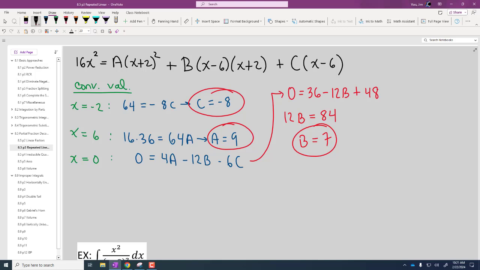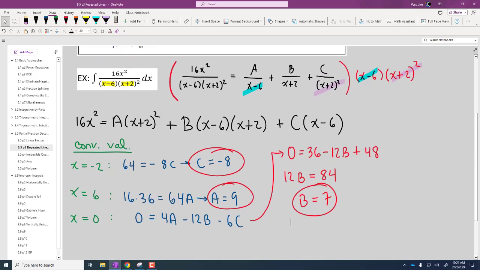So what do we have then? All we've done so far is rewrite that. So let's take our original integral and rewrite it. We'll call the original integral something just so we can reference it.